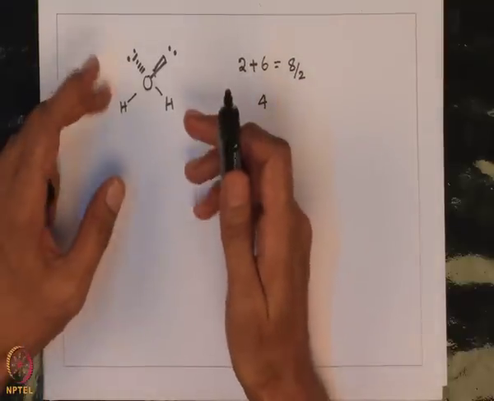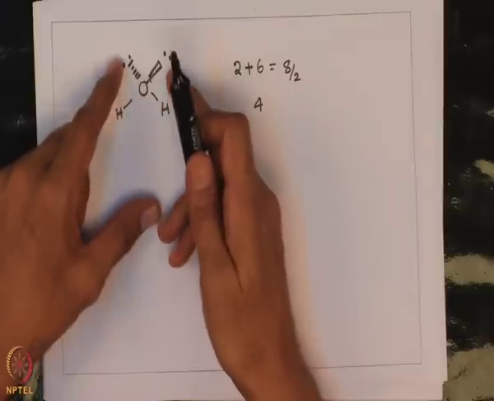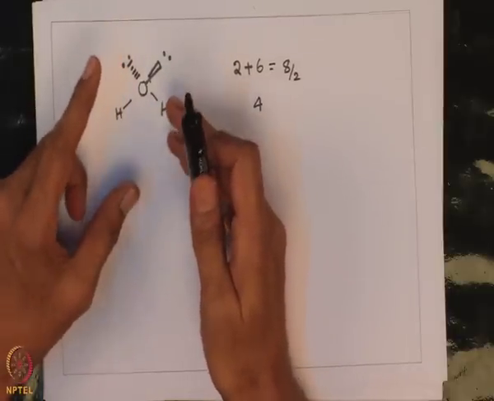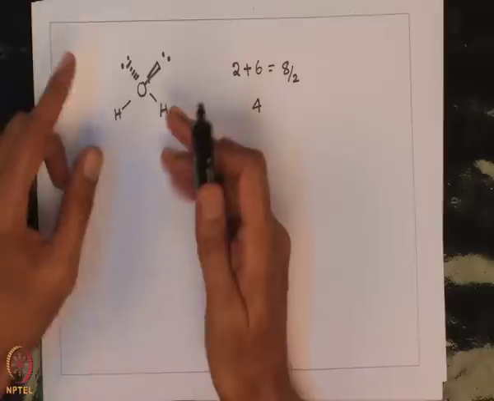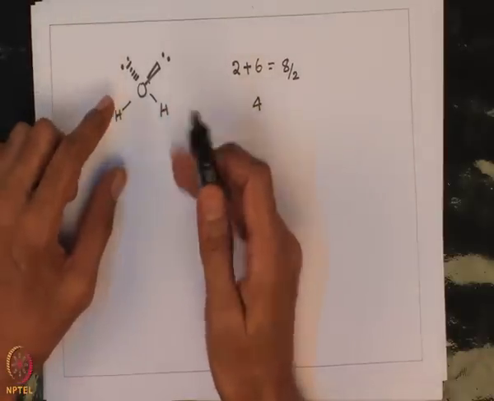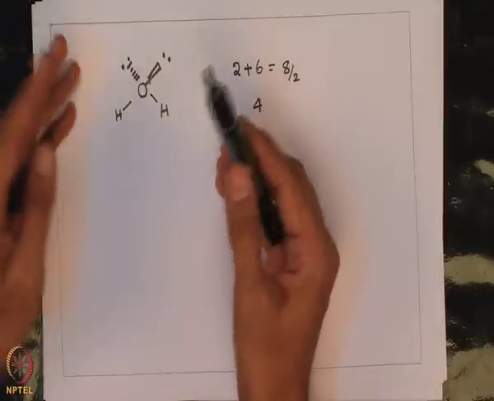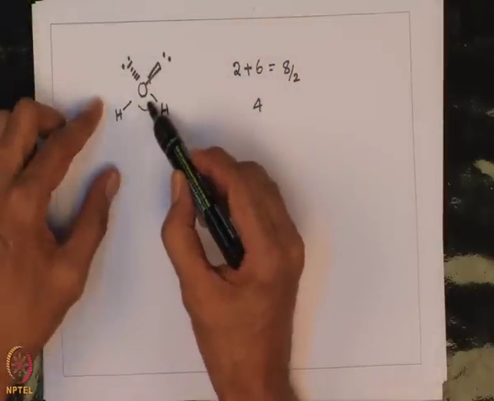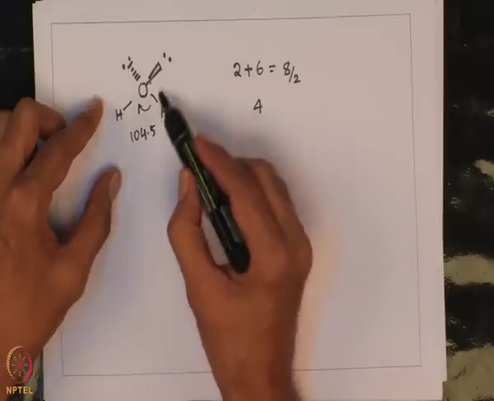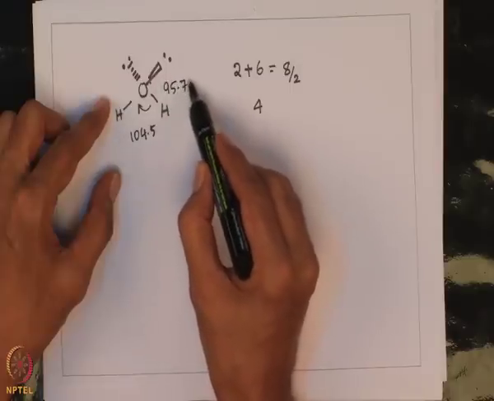If we exclude these lone pairs, the shape will be V. Because these 2 lone pairs occupy 2 corners of the tetrahedral positions, it appears like a bent molecule with a V shape. The angle will be here 104.5 and the OH bond distance is 95.7 picometer.